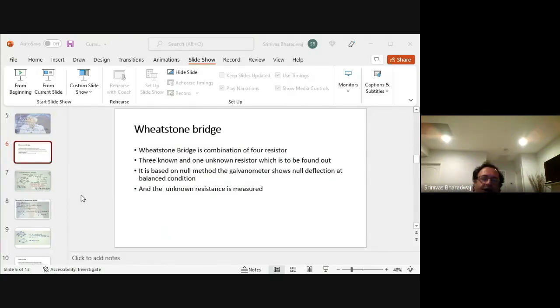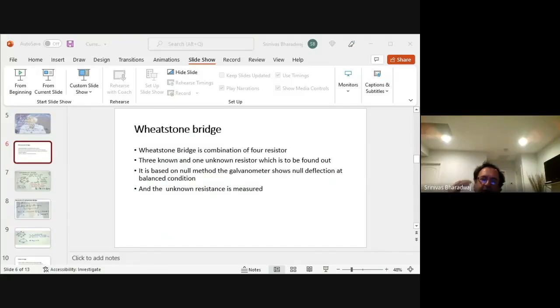Rx is unknown. You add it to the circuit, then you adjust R3 in such a way that there is no current. And when there is no current, this law operates and you divide the two equations, the I2 cancels, the I1 cancels, and R1 by R3 equals R2 by Rx.